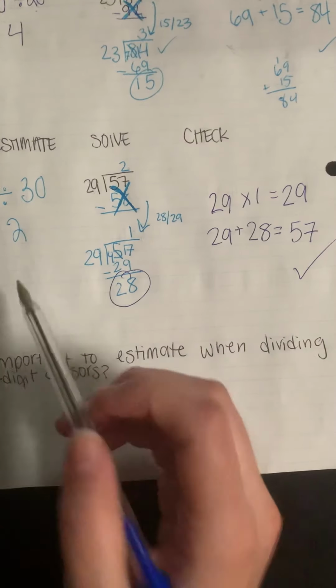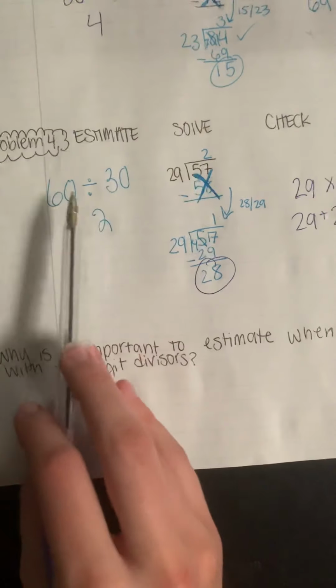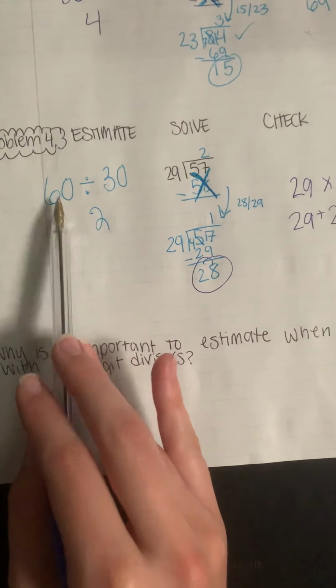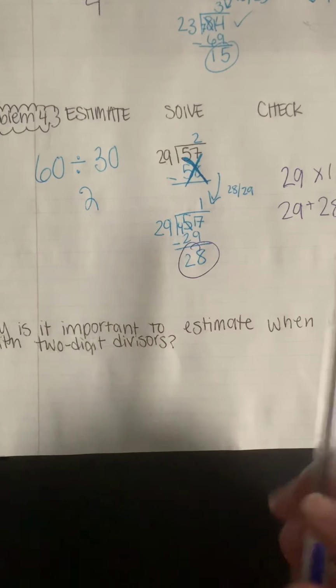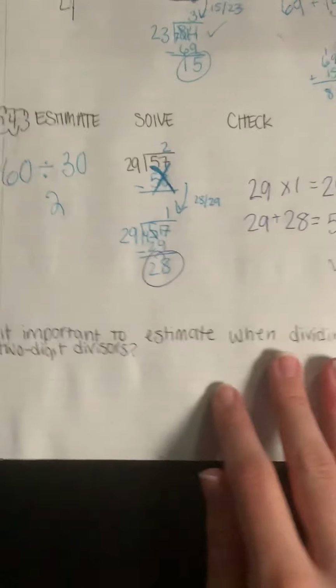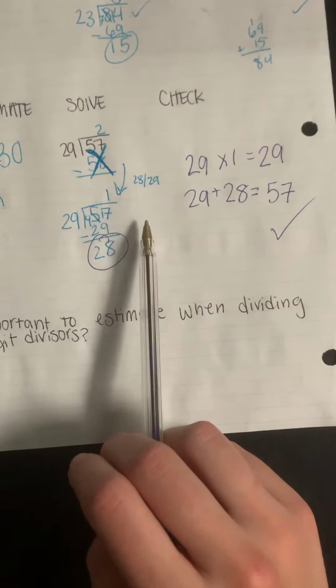The estimated quotient of 2 was too big, even though the process that we've been using to formulate our estimation was correct. When we applied it in our standard algorithm, it was still a little too big. So we tried 1 instead, and that turned out to be the exact answer that we needed.